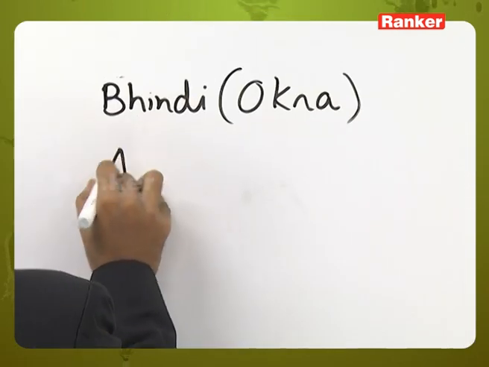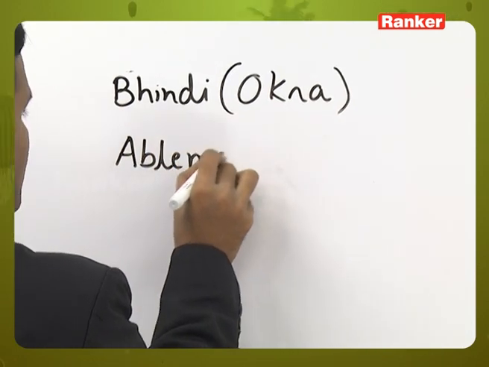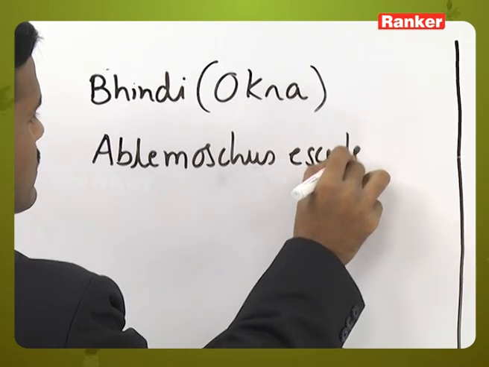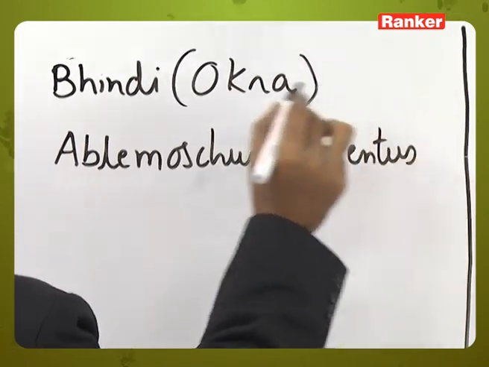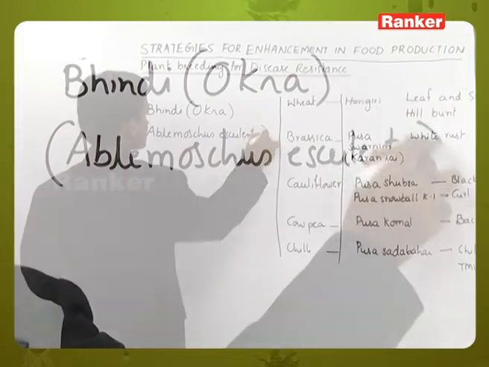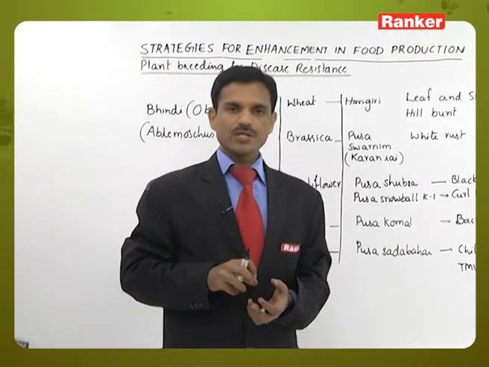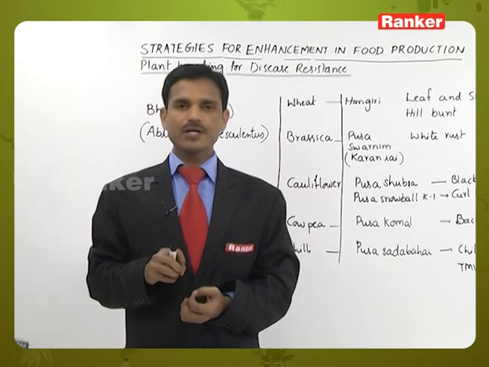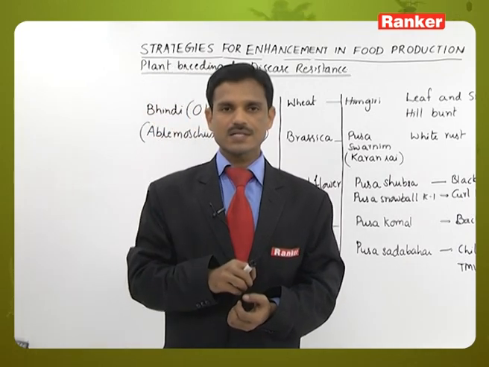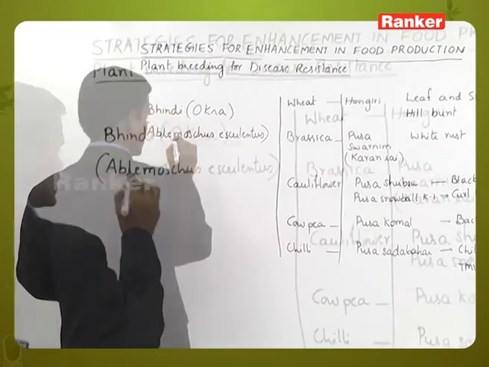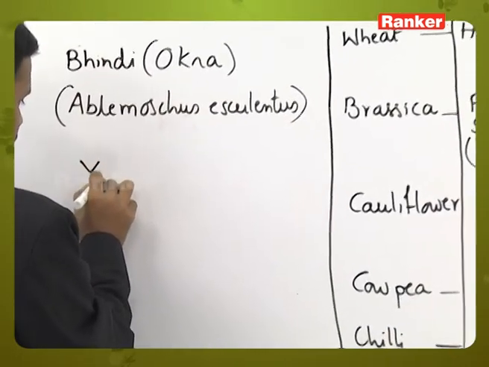Scientific name is Abelmoschus esculentus. After the induction, the bindi plant shows disease resistance. Generally the bindi plant is susceptible to yellow mosaic virus.